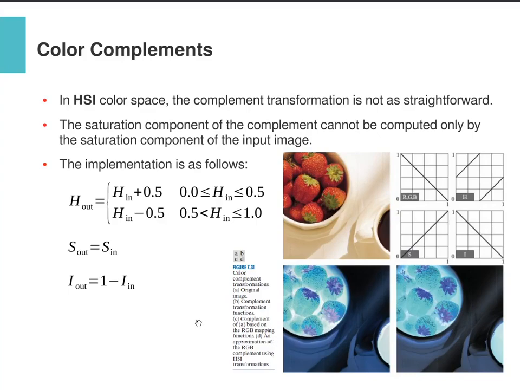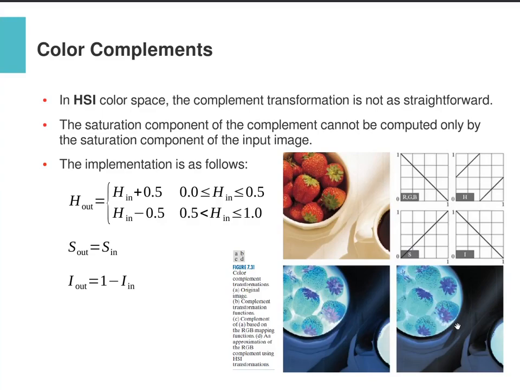Now this is the result of calculating the complement of the input image in the RGB model, and this one is the result of calculating the complement of the original image using the HSI model. As you can see, they are mostly the same.